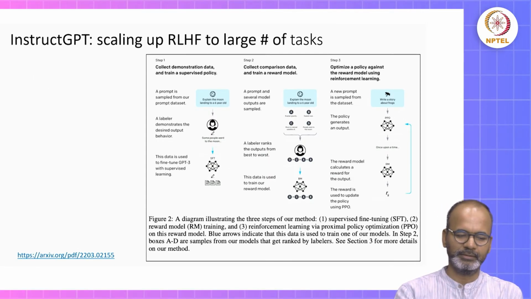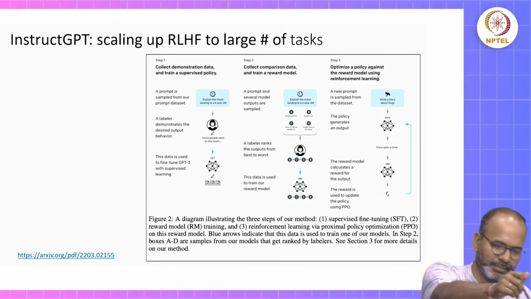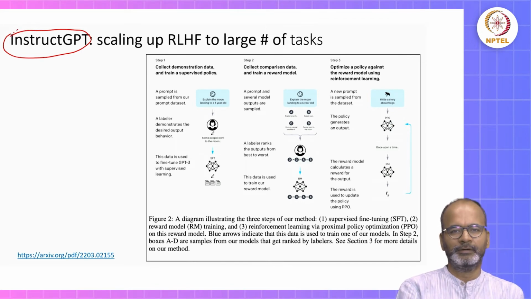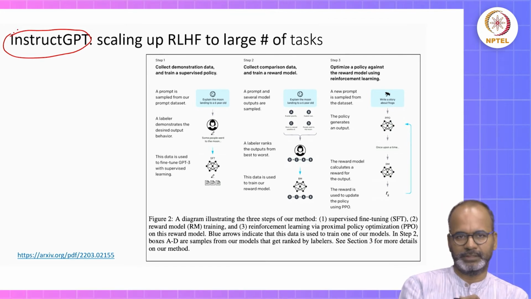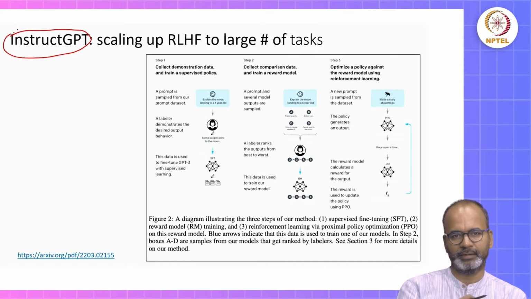So using this RLHF model, OpenAI built something called InstructGPT for a specific set of tasks. It was trained on data for a specific set of tasks, compared to, let's take ChatGPT that we'll see later, which is trained on conversational data. So that's a difference between InstructGPT and ChatGPT.